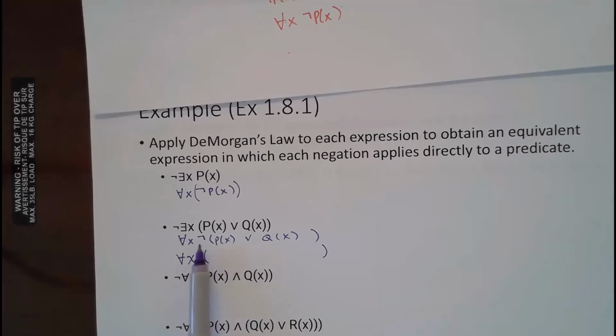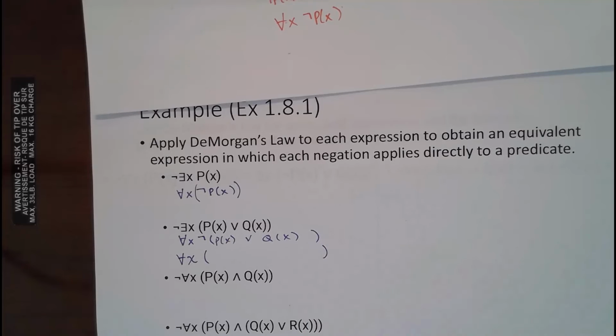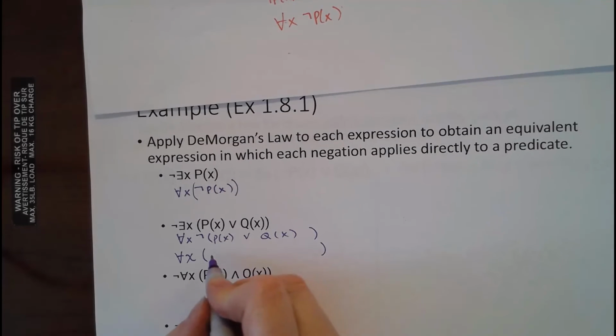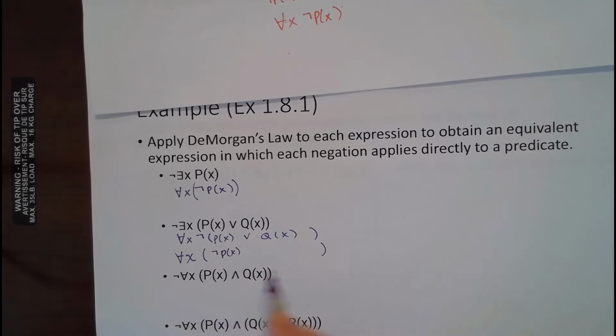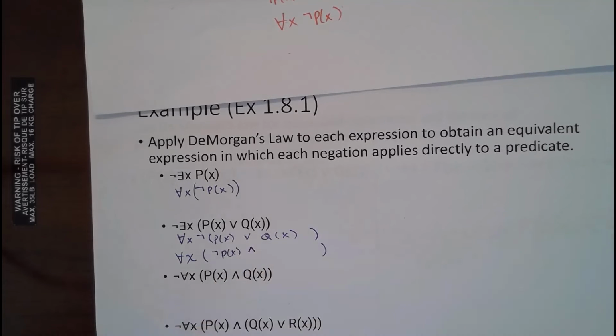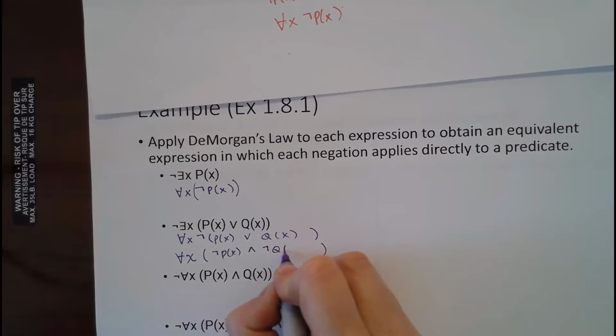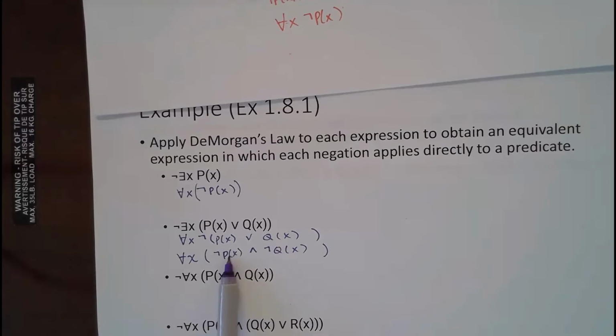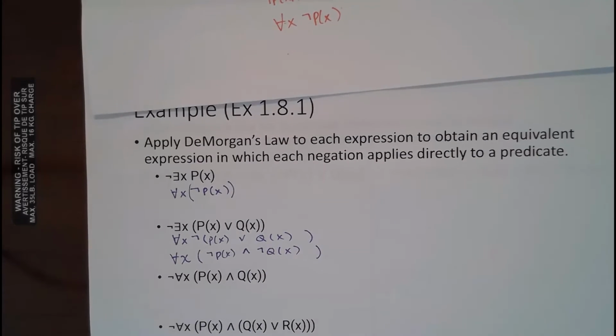And when I apply De Morgan to this, now we're going back to logic, not for quantified statements, but just for a disjunction. So that will turn into not P of x, and then the disjunction turns into a conjunction, and not Q of x. There. And now every negation applies directly to a predicate. This negation, directly to a predicate. This negation, directly to a predicate.